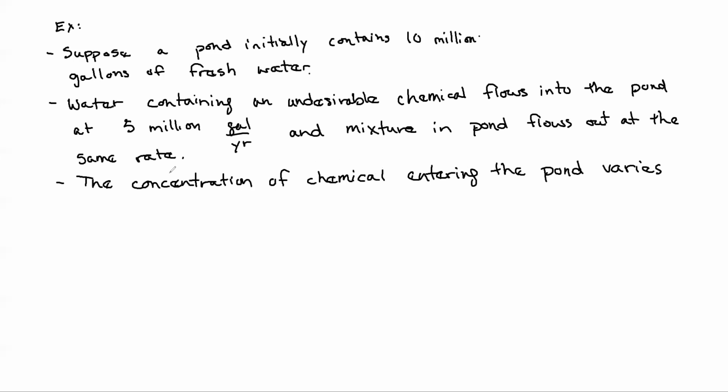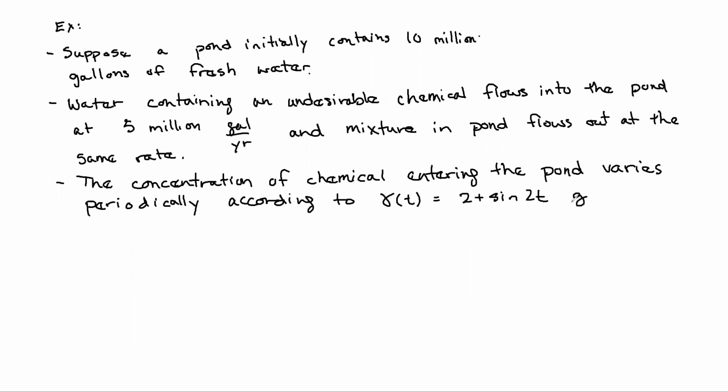And in particular, varies periodically, according to the function gamma of t equals 2 plus sine 2t grams per gallon.